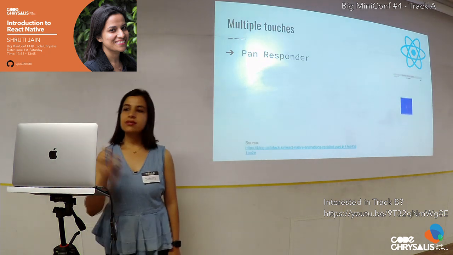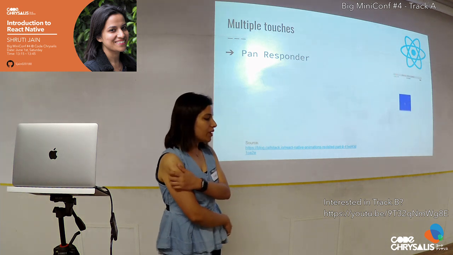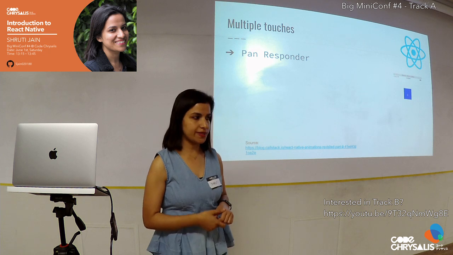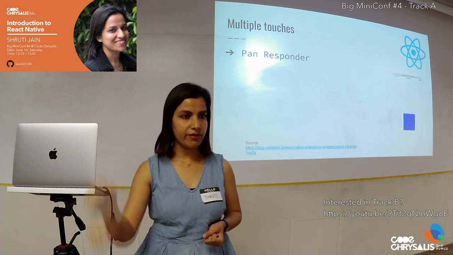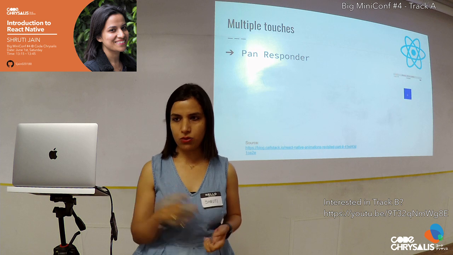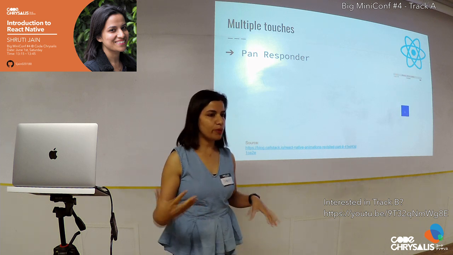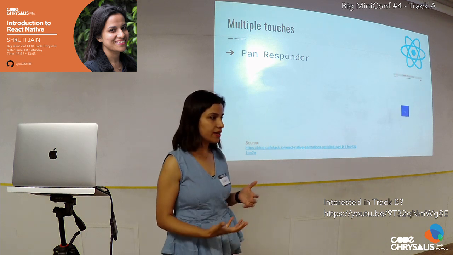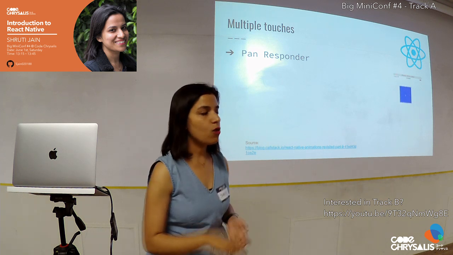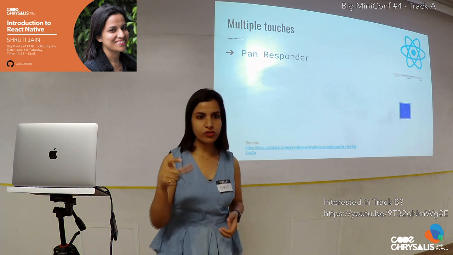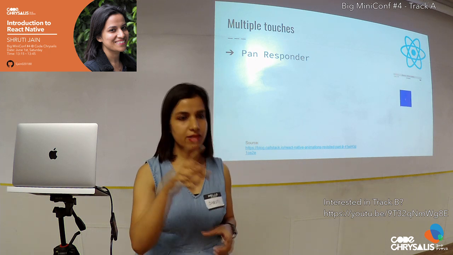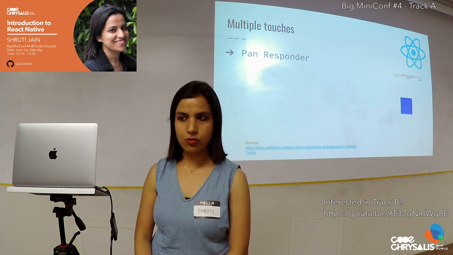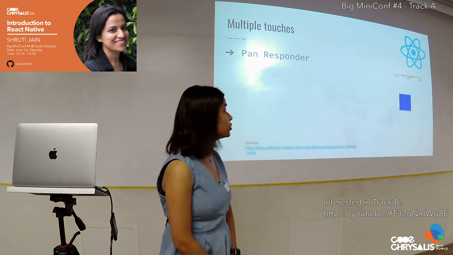Then there are some complex touches. By complex touches, I mean multiple touches. It doesn't involve just one touch. For example, dragging from one place to another, or zooming in or zooming out. In these kinds of complex touches, there are many things that the component needs to know, like how much distance your fingers have moved, and also when it is being released. For that, there is something called pan responder in React Native that you can use.